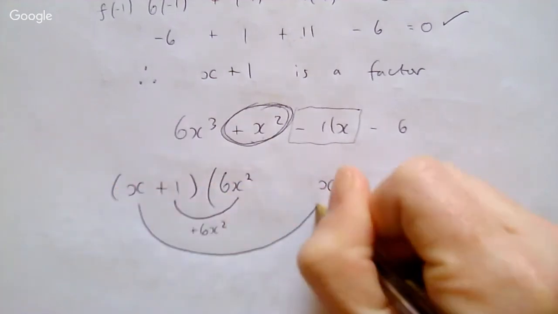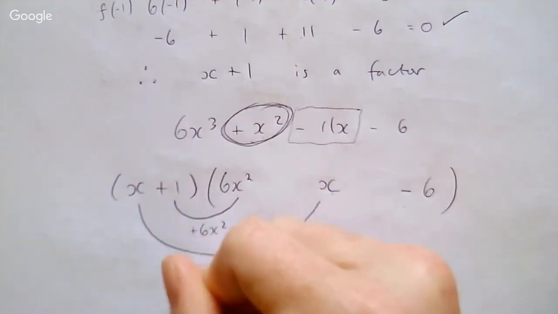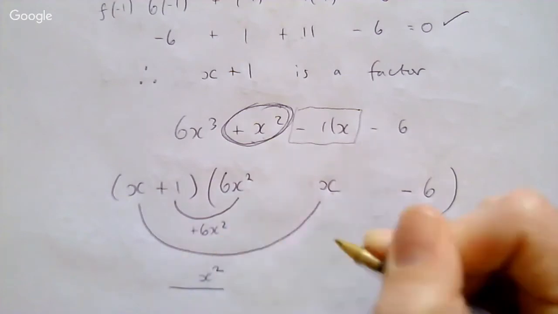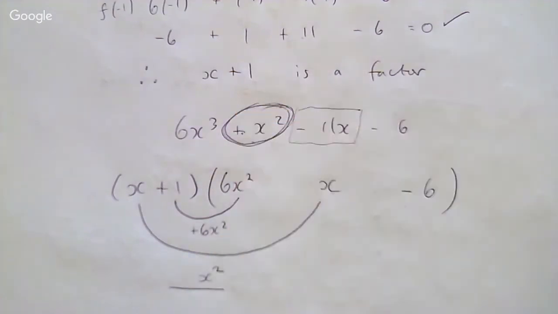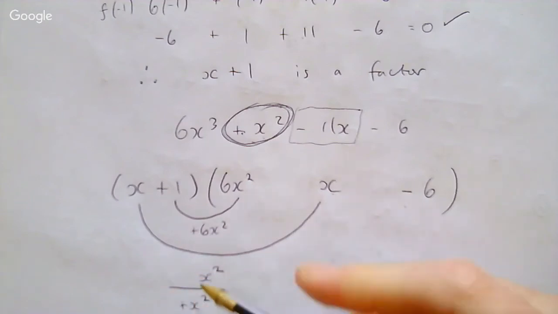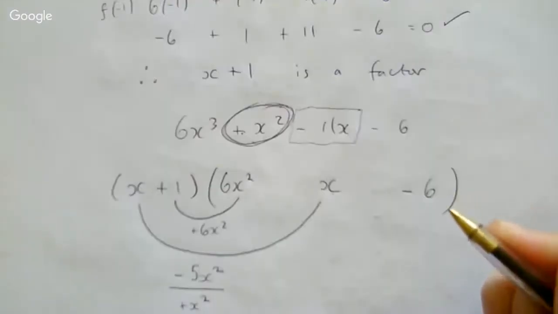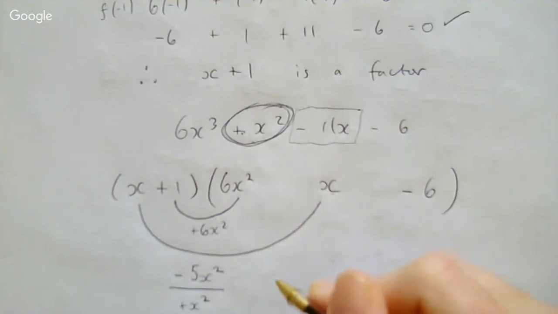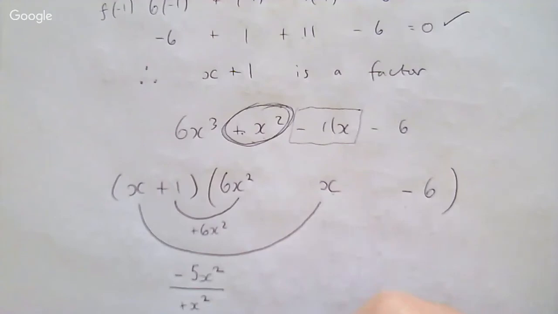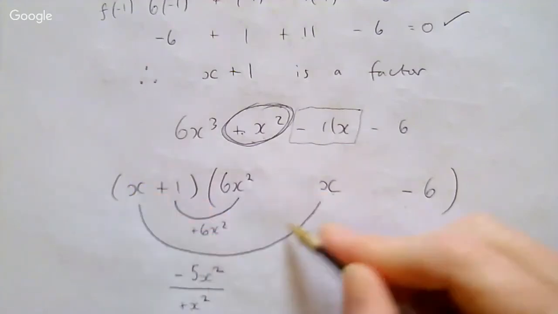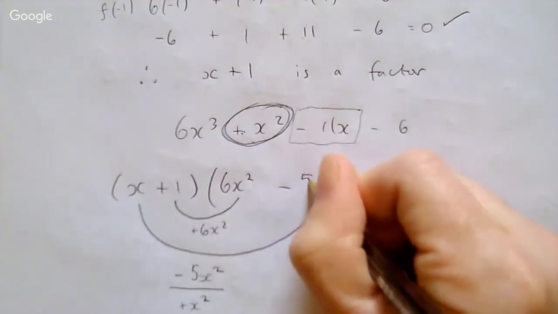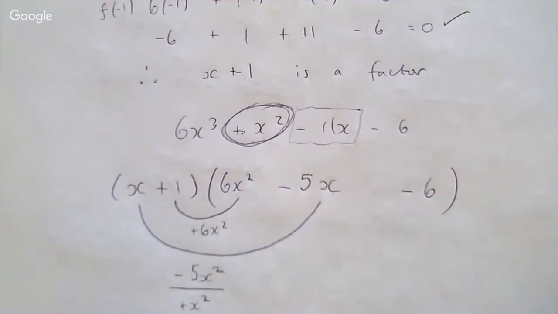I know this x times by the x term will give me something x squared. And I know overall I have to make plus x squared. So what number has that got to be? For 6x squared plus something else to make plus x squared, it's got to be minus 5x squared, because plus 6x squared minus 5x squared is x squared. I have got a link to a video of me explaining this that's somewhere on my site. So that means that x times by minus 5x must have made that minus 5x squared.